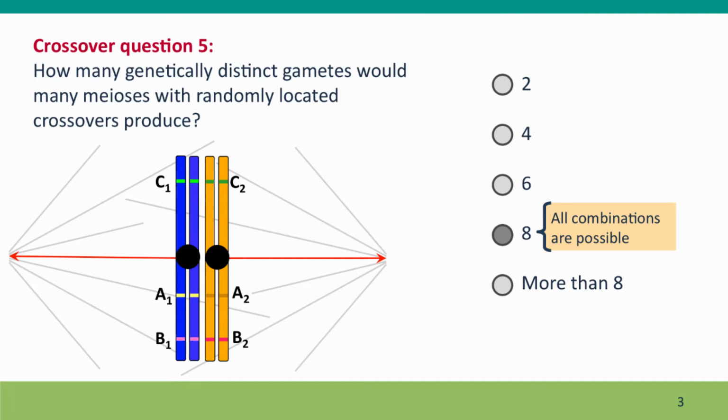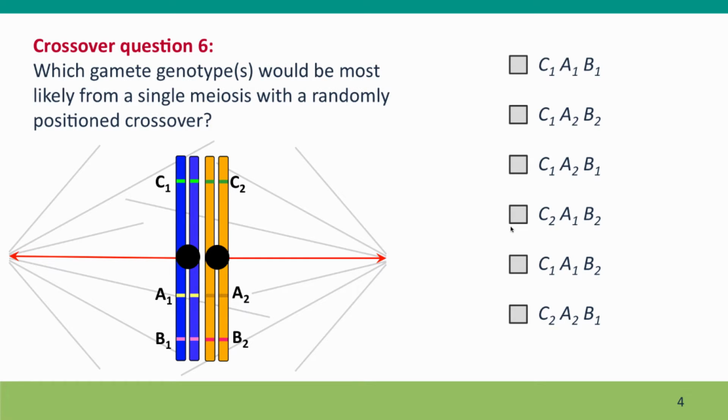So here's the question we ended with in the previous lecture, where we concluded that when there were many meioses with randomly located crossovers, all of the 8 possible combinations would be seen. Now, here's another take on the question, slightly more specific. Which gamete genotype would be most likely from a single meiosis of these chromosomes with a randomly positioned crossover?